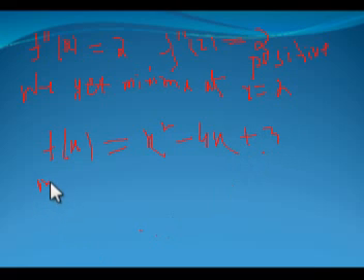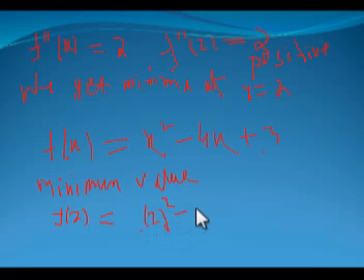The minimum value will be f(2), which is 2 squared minus 4 multiplied by 2 plus 3.